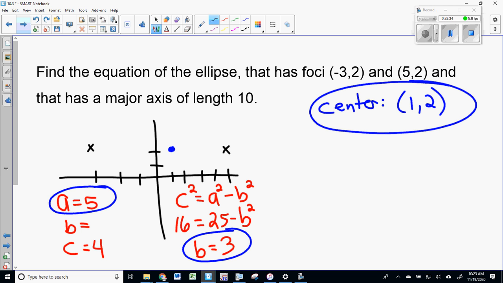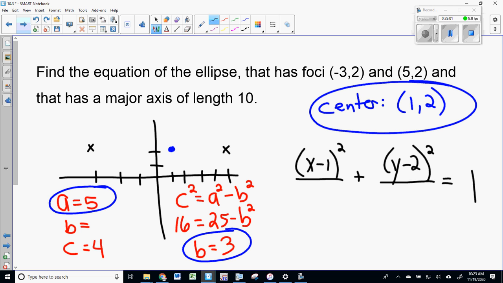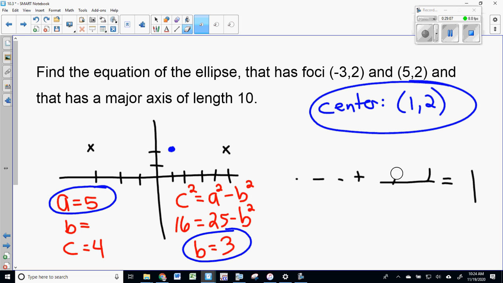Write down the formula. Now, if you know this is an ellipse, look what I just wrote down right there.